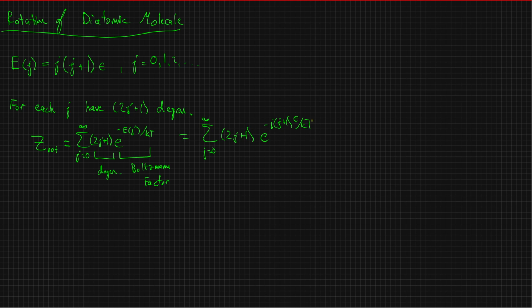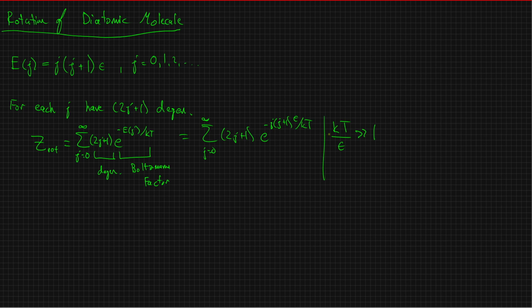Epsilon over kT. Alrighty. So now, at least for the time being in this chapter, we're going to consider the so-called high energy regime. Basically, we're going to assume that kT over epsilon is much, much greater than 1.